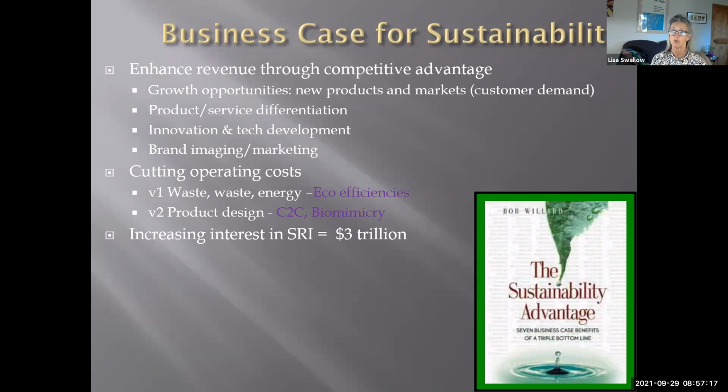So there's more and more mutual funds and companies that are directed towards the socially responsible investing model, which is something that is growing more quickly than you can imagine.